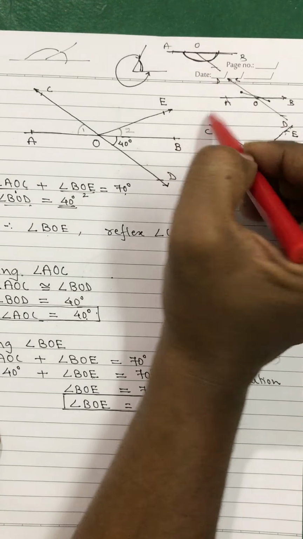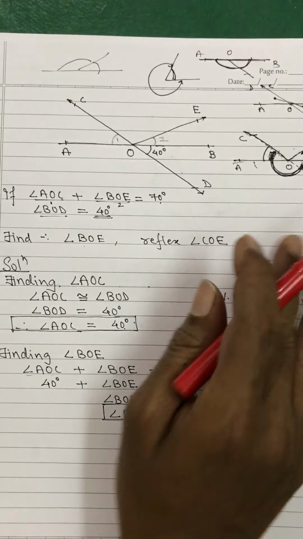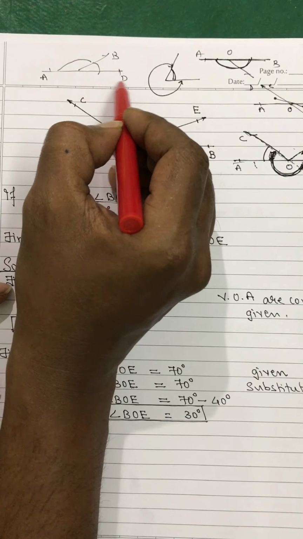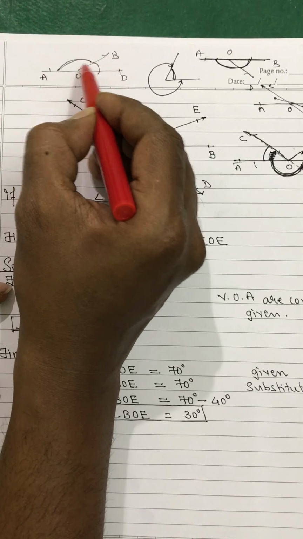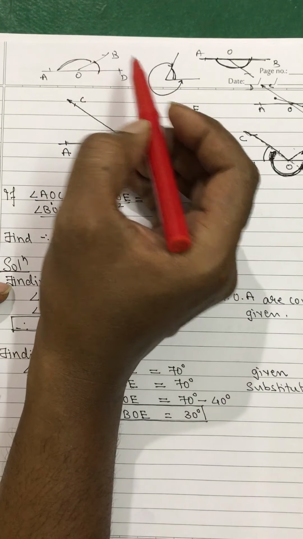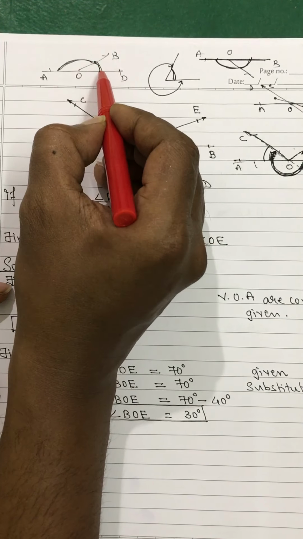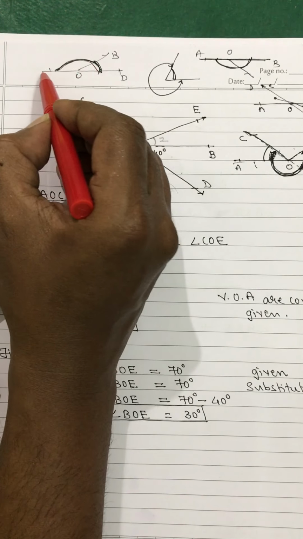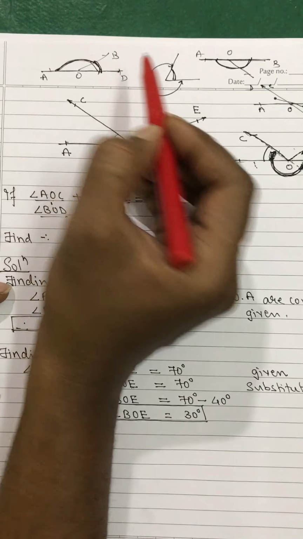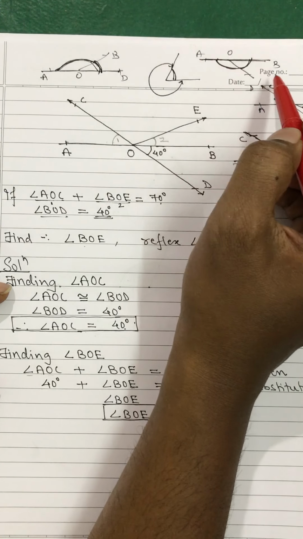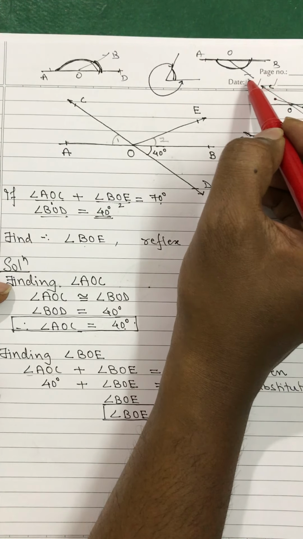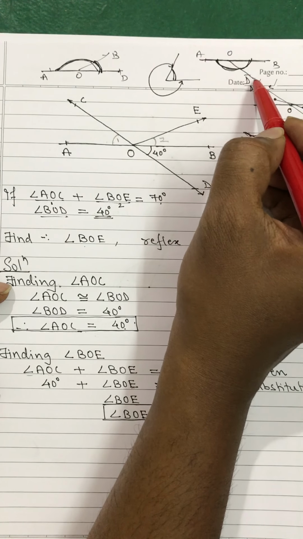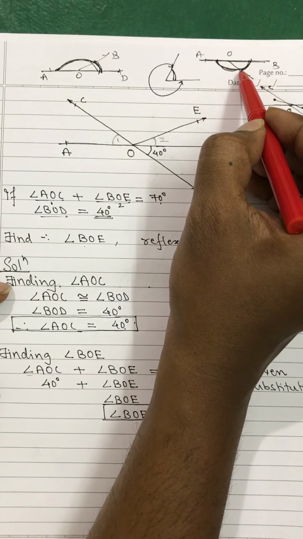Are you getting? I am going in reverse. Usually we do it in this fashion: angle AOB plus angle BOD makes a complete angle, but this complete angle is basically a straight line. Same if we go in the reverse fashion. This is angle AOD and angle DOB.